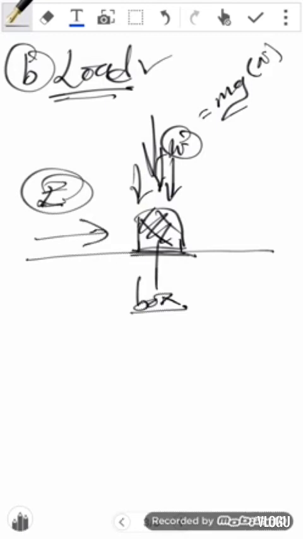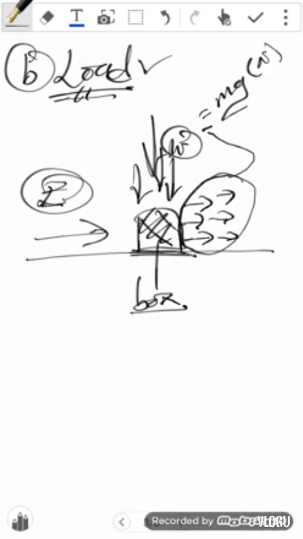We can as well say that the load is simply the force that is produced on the other end. When an effort is applied to the box, which is a machine, it will produce a displacement in the direction of the effort, and that force produced on the other end is also regarded to be the load.